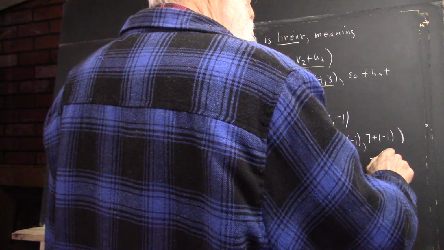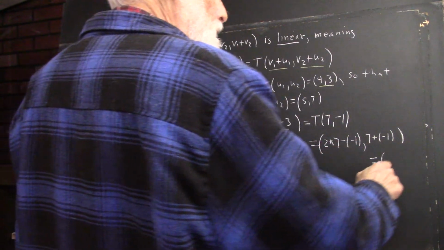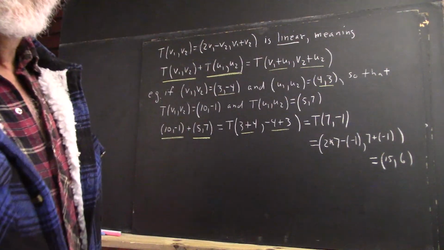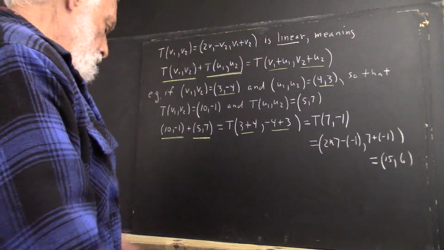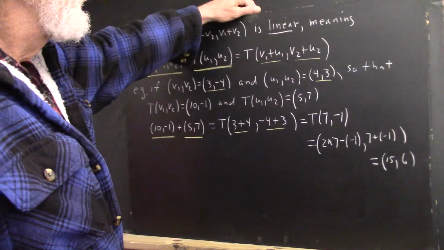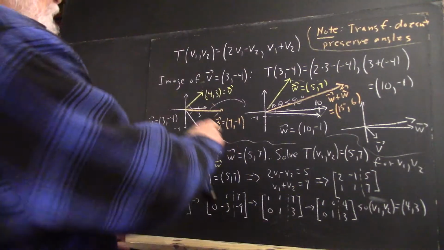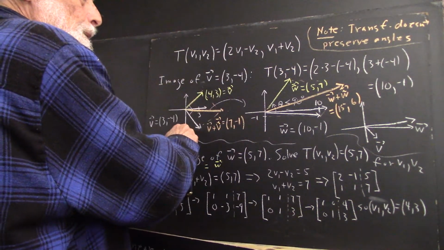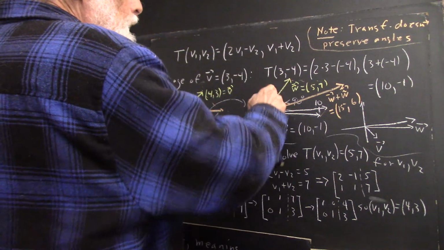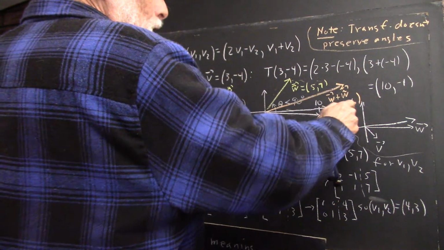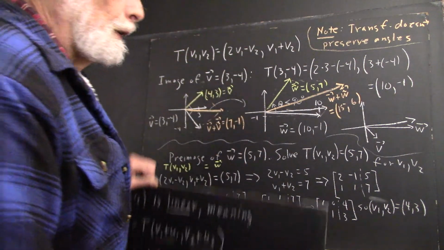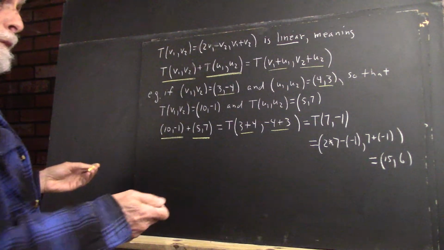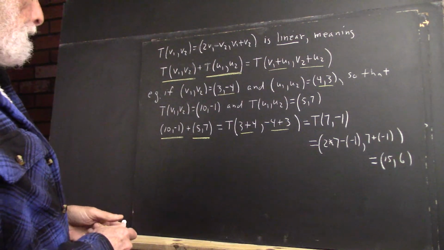Well, lo and behold, that equals 14 minus 1 gives us 15, and 7 and negative 1 gives us 6. Well, what were we checking? We checked if we transform this vector, do we get this vector? This vector being the sum of these two, we transform it, do we get the sum of the two transformed vectors? Well, the sum of these vectors is easily seen to be 15, 6, and that's exactly what we wanted. Okay.